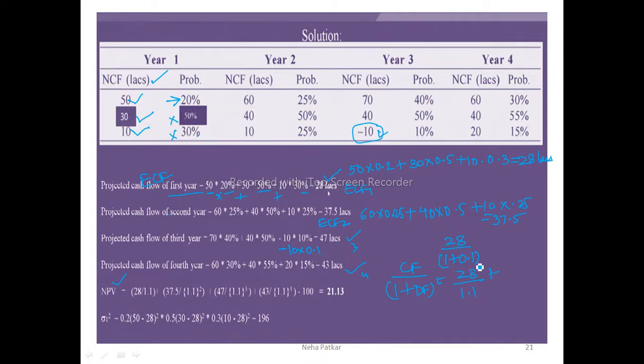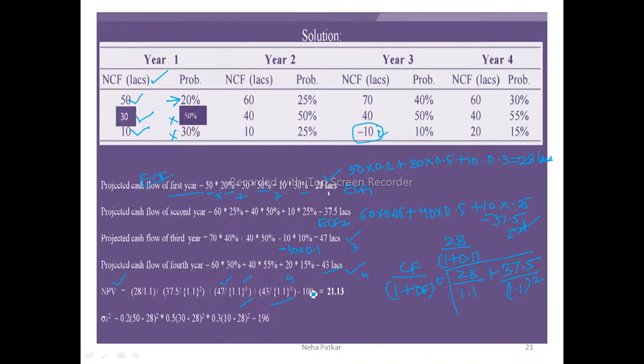Similarly for the second year, the value is 37.5, so we divide 37.5 by 1.1, and since it is the second year, we take the square. For the third year, the value is 47, so we divide by 1.1 cubed, and 43 divided by 1.1 to the power 4.